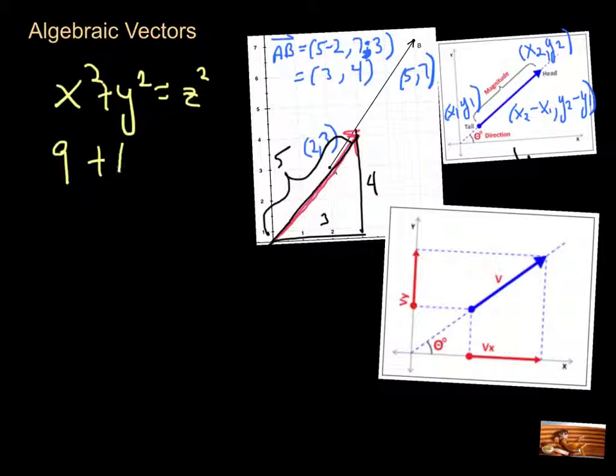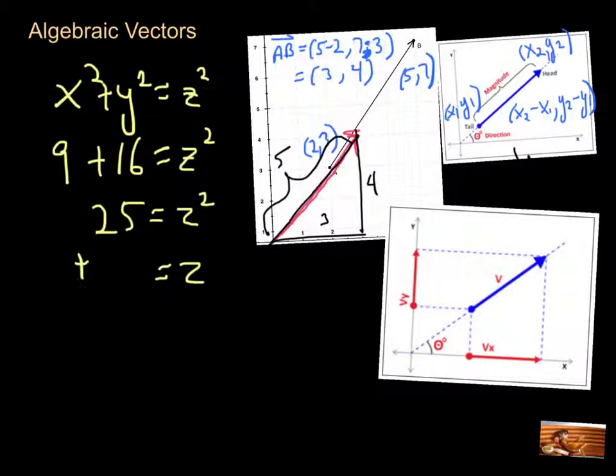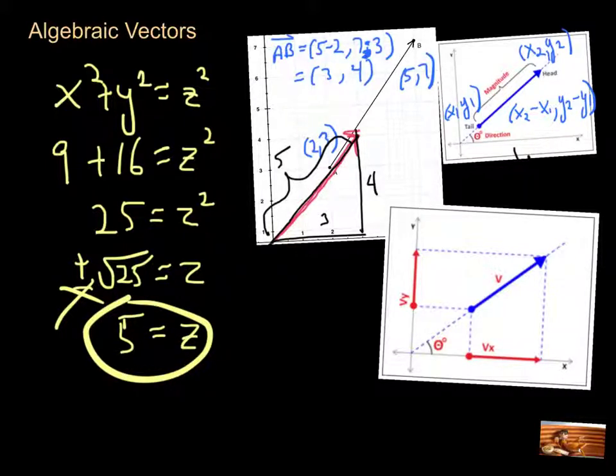If y is 4, I have 4 squared. And that gives us 25 equals z squared. Z equals plus or minus the square root of 25, but because we're only dealing with distance, and distance can't be negative, you're just left with positive 5. Okay, so there's my hypotenuse, which in turn is the magnitude of our vector AB.